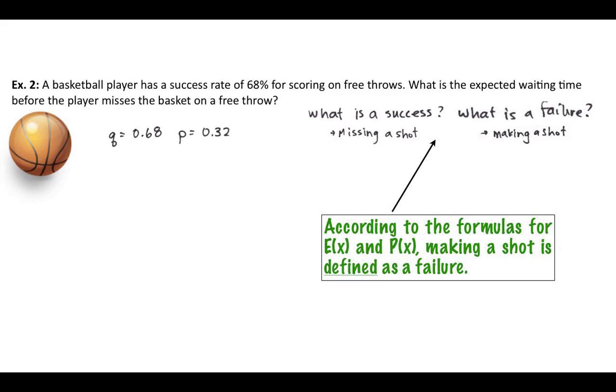So Q then is 0.68. P is 0.32. And if I want the expected number of scores before she misses, basically we get 0.68 divided by 0.32, and we're looking at about 2.1. So we'd expect on average between 2 and 3, but closer to 2, scores before a miss.